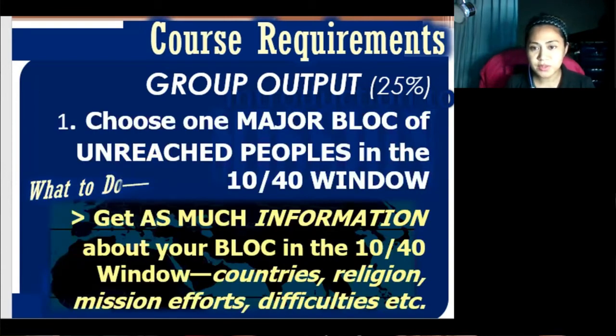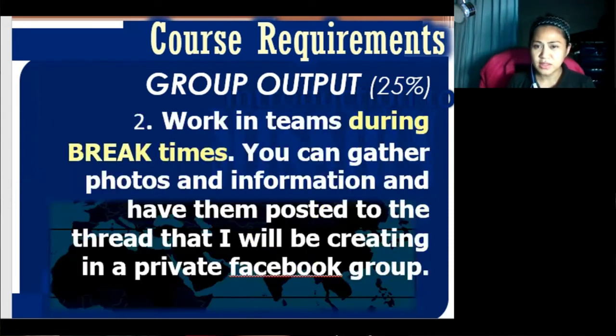For those four groups, you have to get as much information as you can about your block in the 10/40 window: the country's religion, the mission efforts, difficulties, etc. Anything about the block that you have chosen, you have to research about them. Then you are to work with your team during break times.